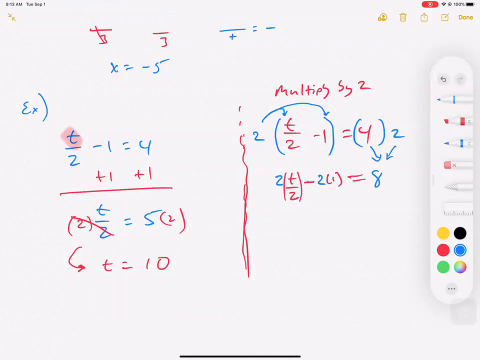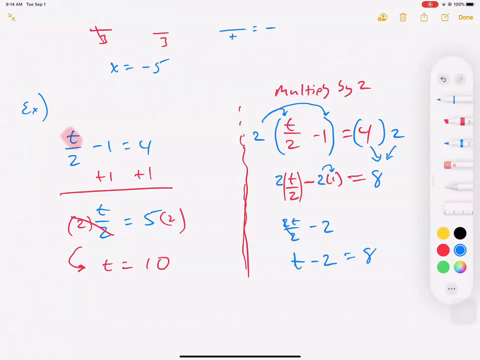Now on the left side, as you can see, we multiplied everyone. Now I want you guys to be comfortable with multiplying fractions. You can multiply 2 by t, giving us 2t over 2. That divides out. Yay, 2 divided by 2 is 1. We're left with 1t. And 2 times 1 is just negative 2. 2 times 1 is 2 with a negative sign.